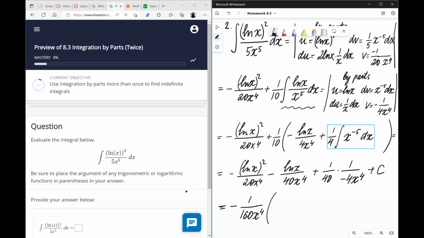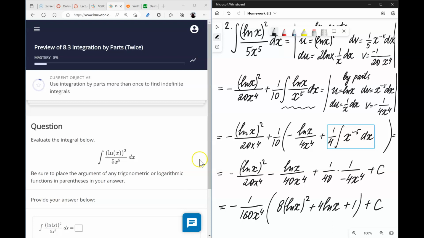So what's left here is 8 ln x squared plus 4 ln x plus 1.